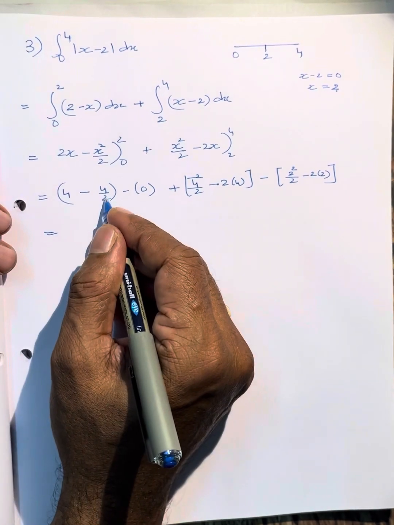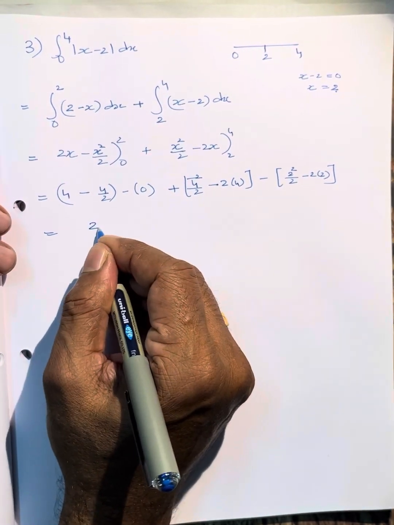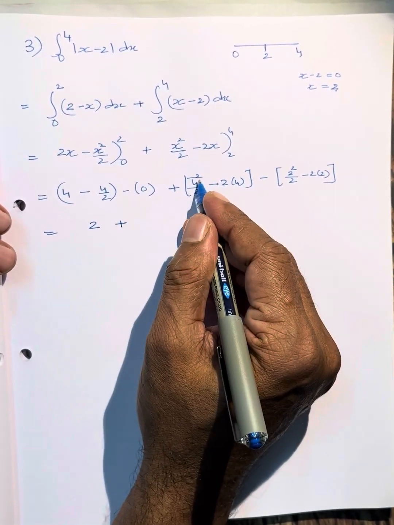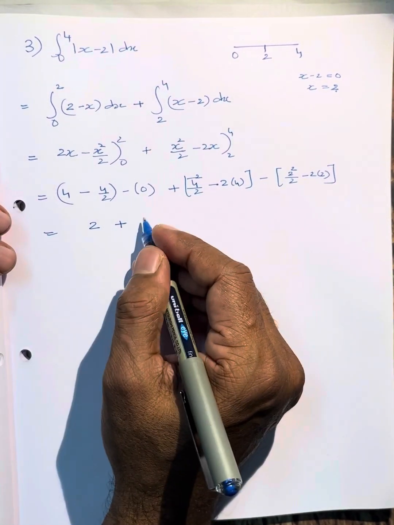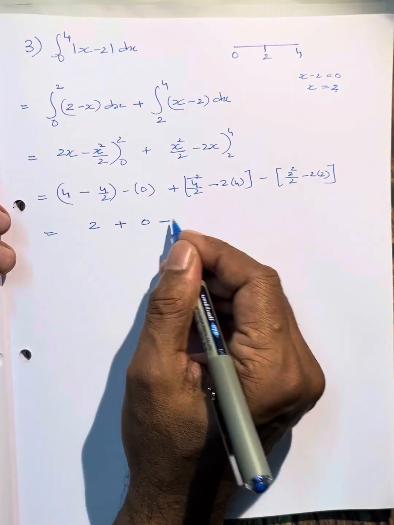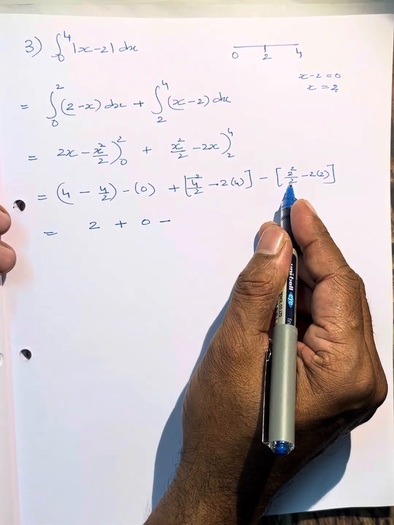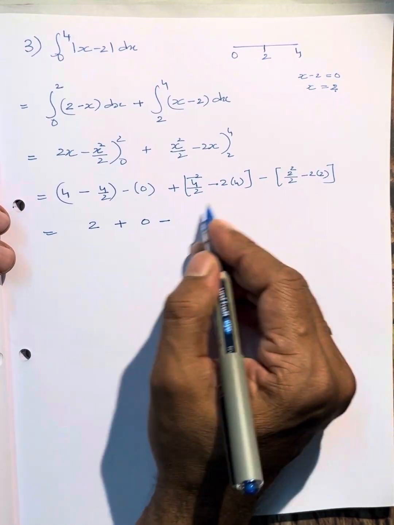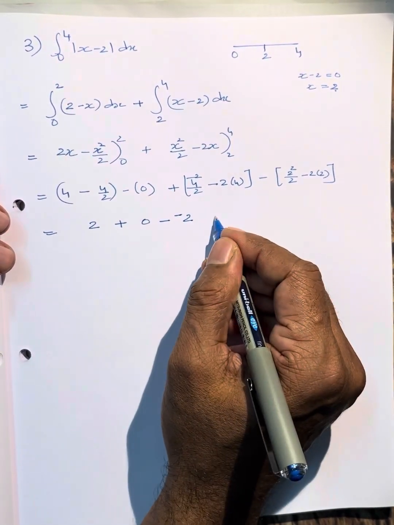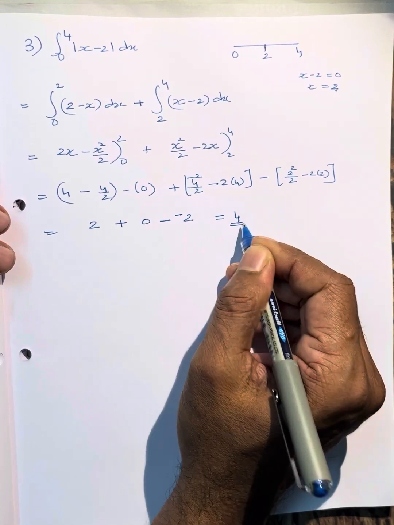So this will become 4 minus 2, it will be 2, plus this will be 4 square by 2 means 16 by 2, 8, 8 minus 8, that will be 0, minus this will be 2 minus 4, that will be minus 2. So finally the answer will become 4.